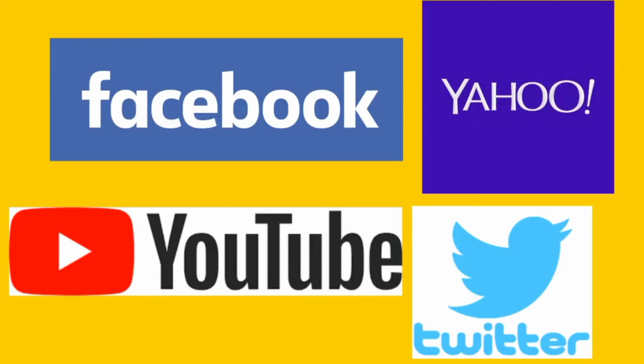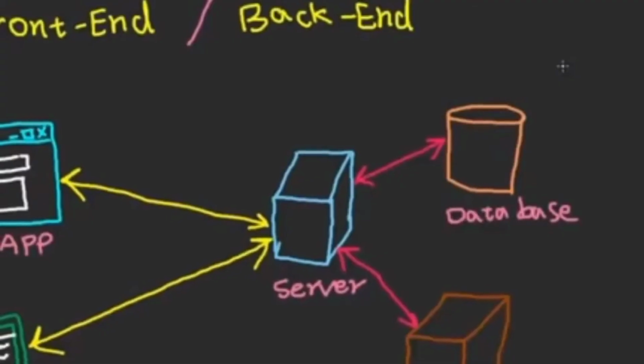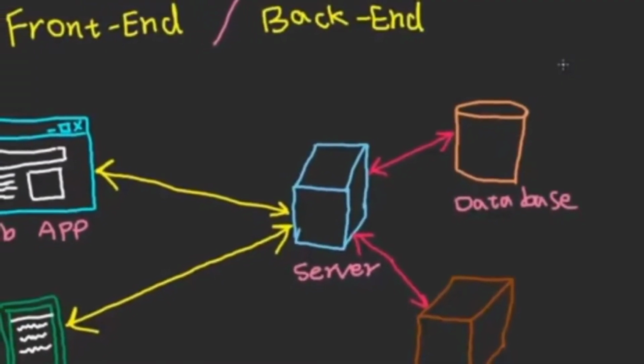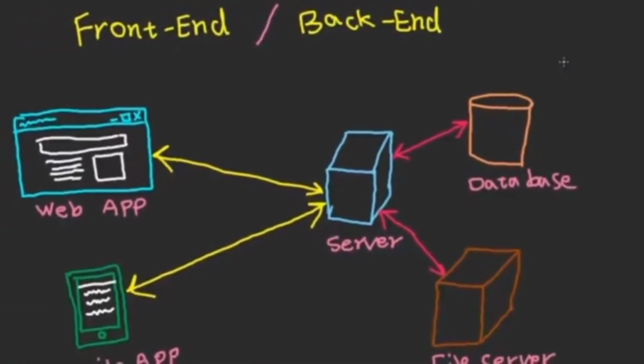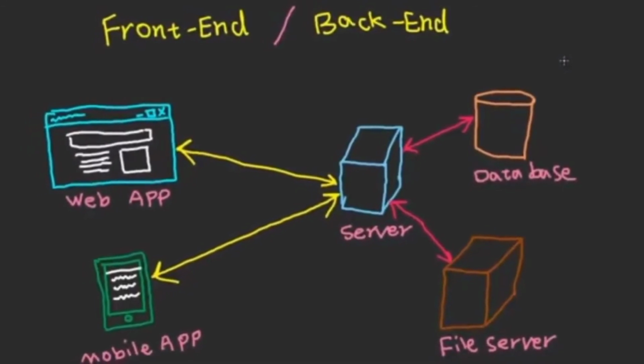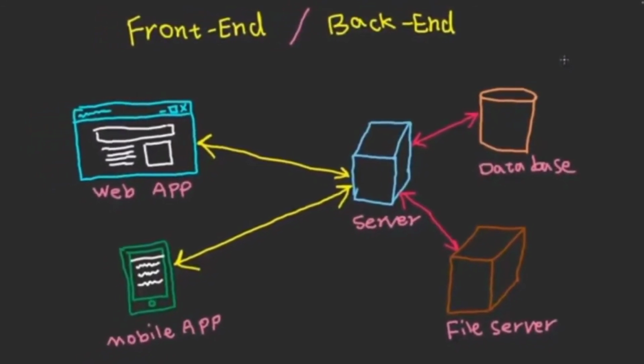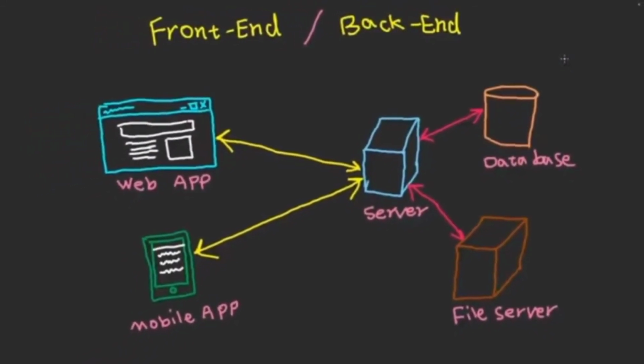And next, I want to give clarity about both front end and back end. For example, a front end developer creates a screen in an application with a button. When you press that button, you will get the customer's data.